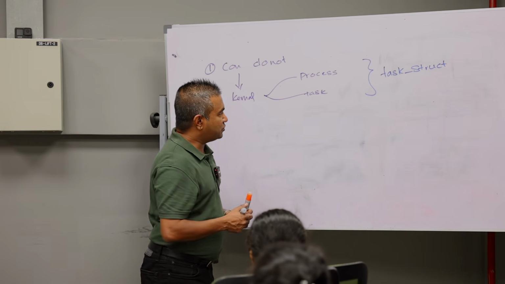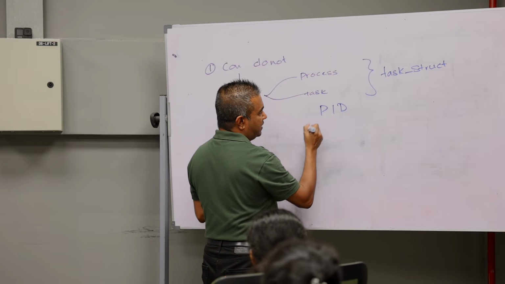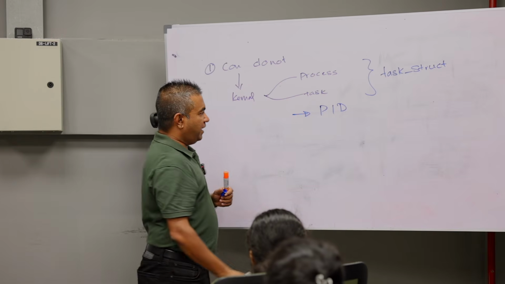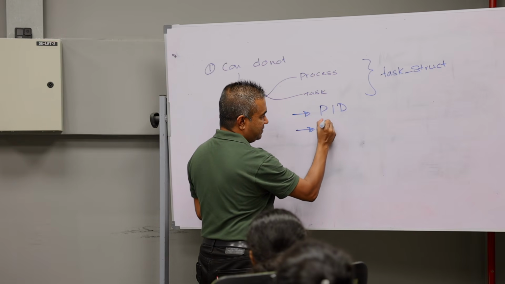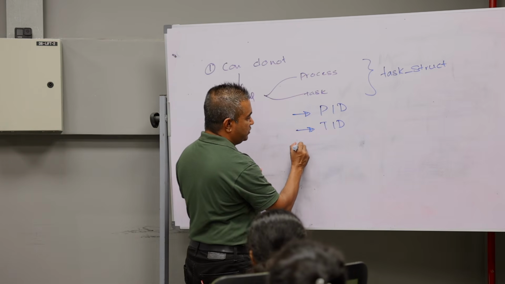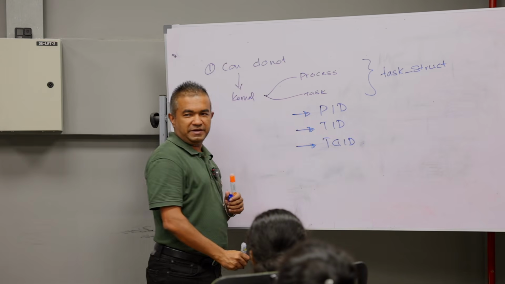As far as the kernel is concerned, you have something called a PID, which we know now, and there is something called a TID, and there is something called a TGID, the task group ID.